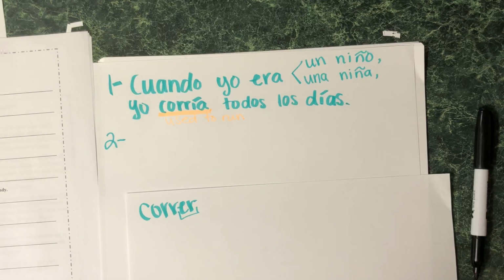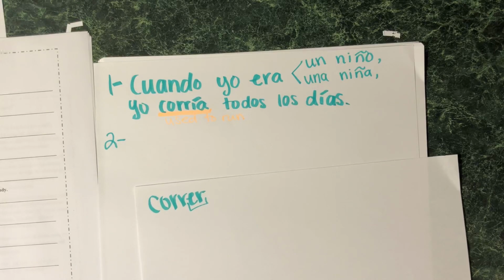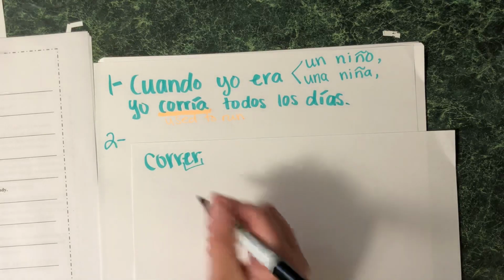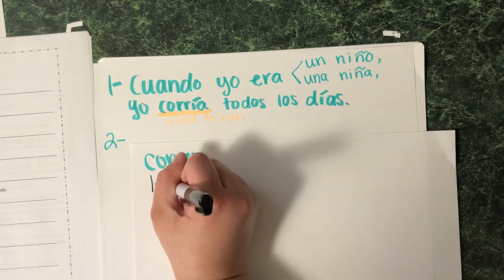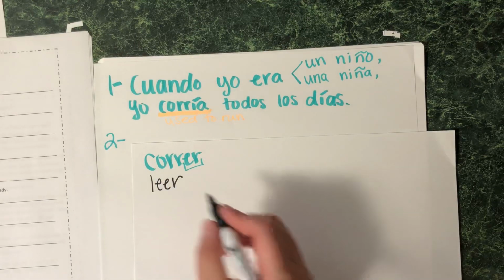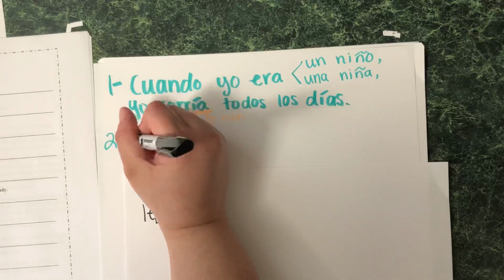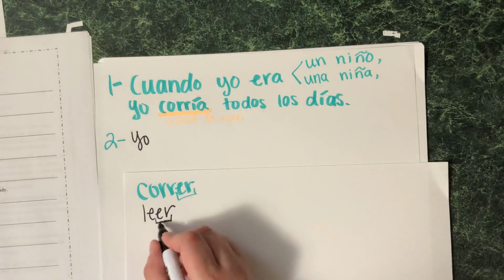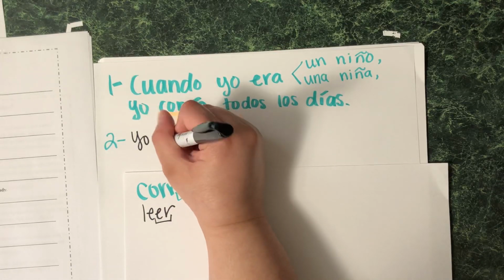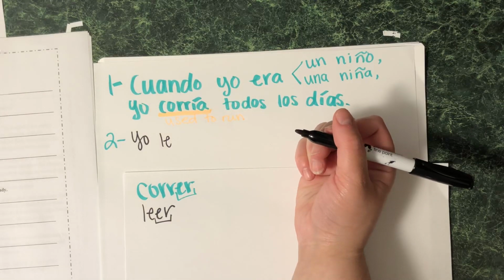Number 2, I used to read books with my grandma. What's the verb to read books? To read. We have the verb leer. So we are going to take the ending off and we are going to conjugate according to the subject, which in this case is yo. So take the ER off and then look at your endings.